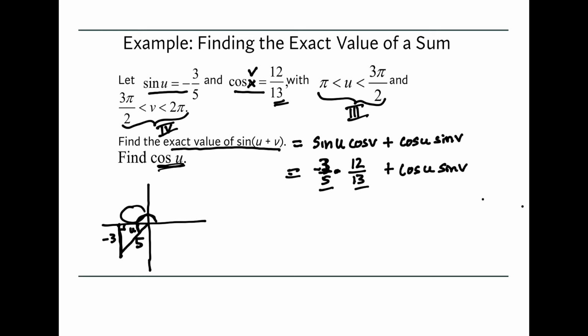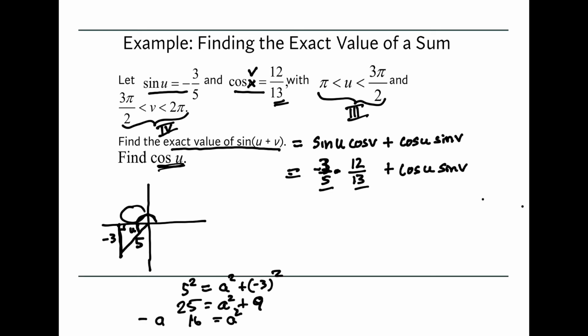And so we have 5 squared. That's my hypotenuse, equaling, we'll call it a squared plus negative 3 squared. So that gives me 25 is equal to a squared plus 9. And so a squared will be equal to 25 minus 9, which is 16.